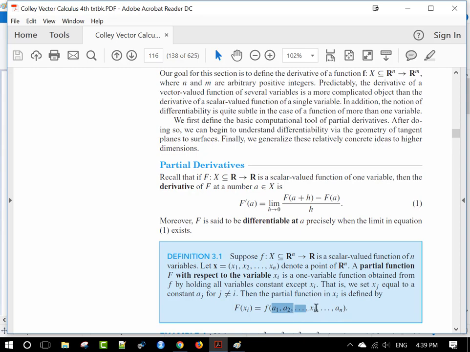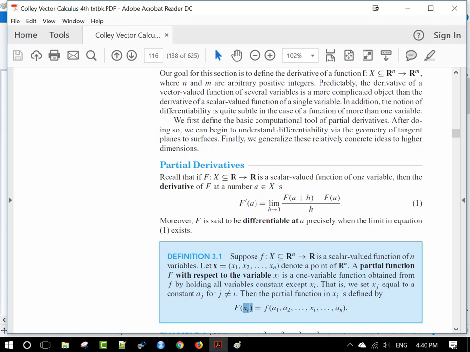So now this function is a function of just one variable, whereas small f was a function of many variables. This function, capital F, is just a function of x sub i. All the other variables we're replacing by constants.